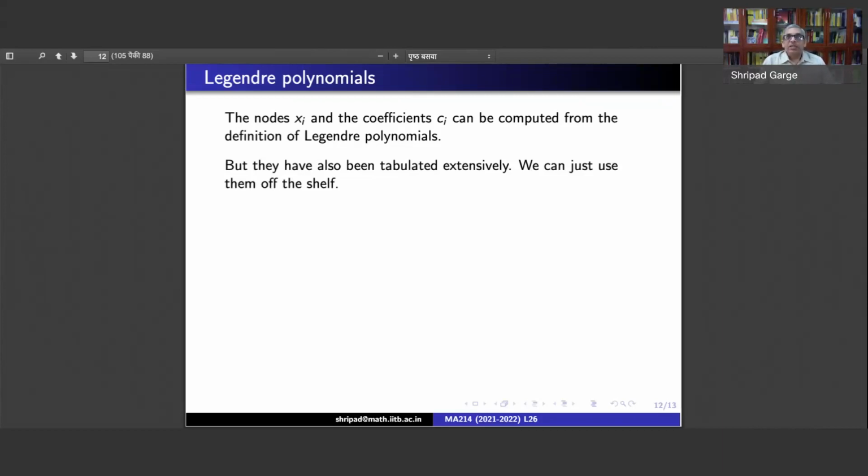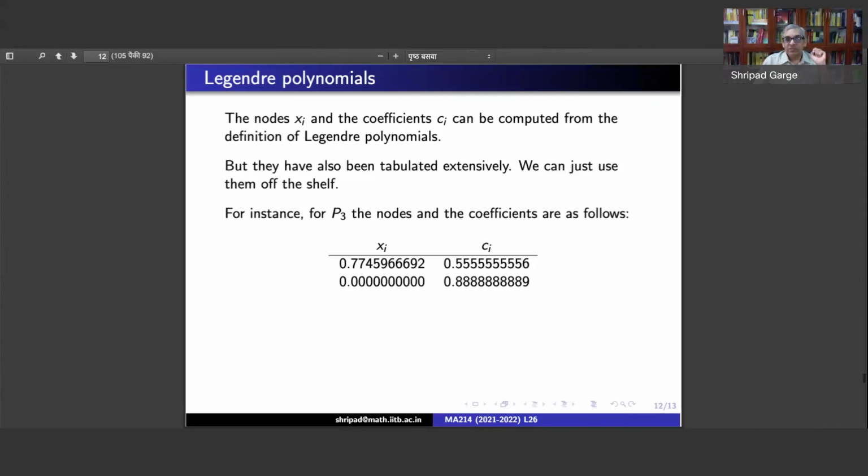For instance, for the P3 degree 3 polynomial, the nodes and coefficients are as follows. We see that already the nodes are symmetric with respect to origin, and indeed the middle one is 0, the first one is positive, the third one is negative, and because the xi are symmetric, the corresponding coefficients are also symmetric, and so you have these x1, x2, x3, c1, c2, c3.